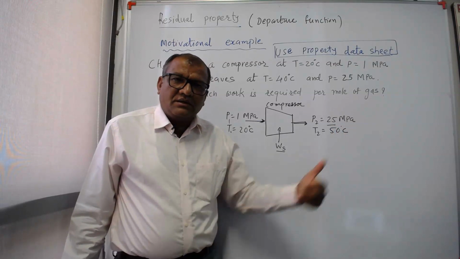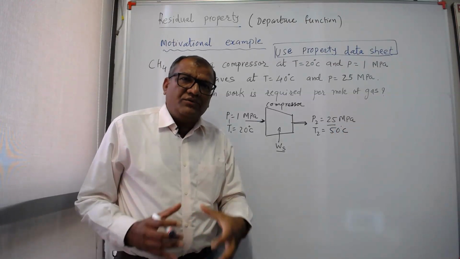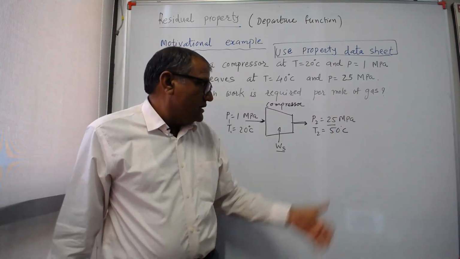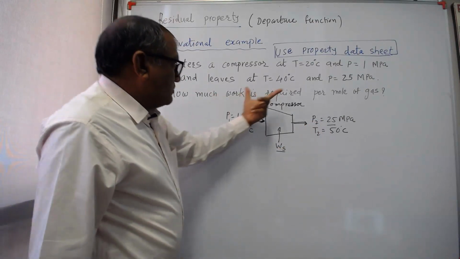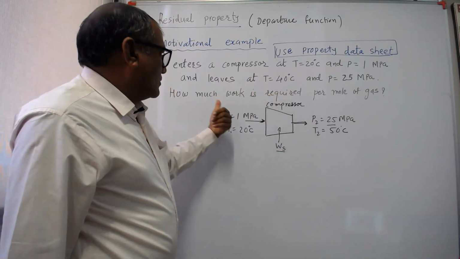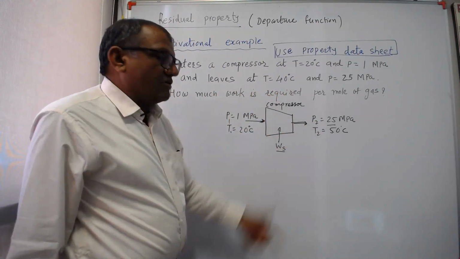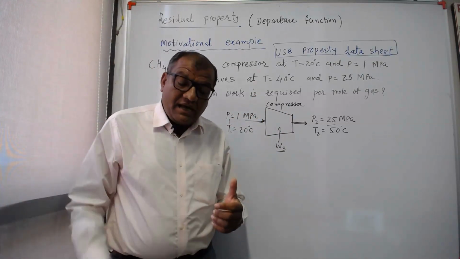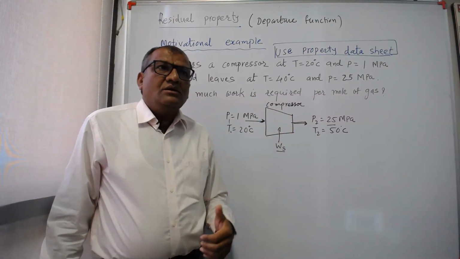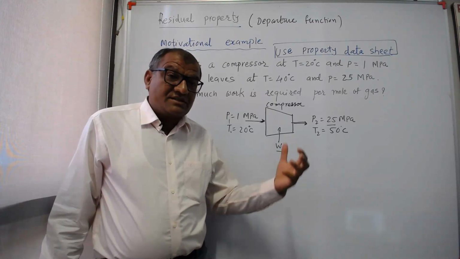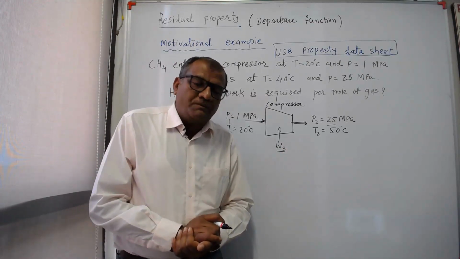This would be the pressure while we are compressing natural gas. In the problem statement, we have to calculate how much work is required per mole of gas. This is a compressor, so work is required. If it is a turbine, then work will be produced.